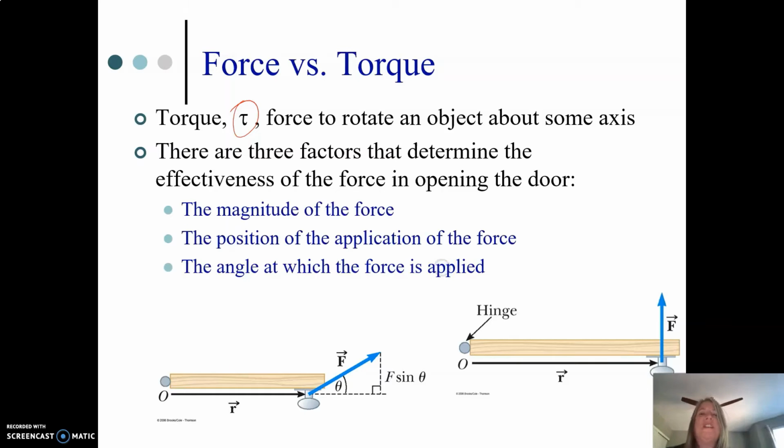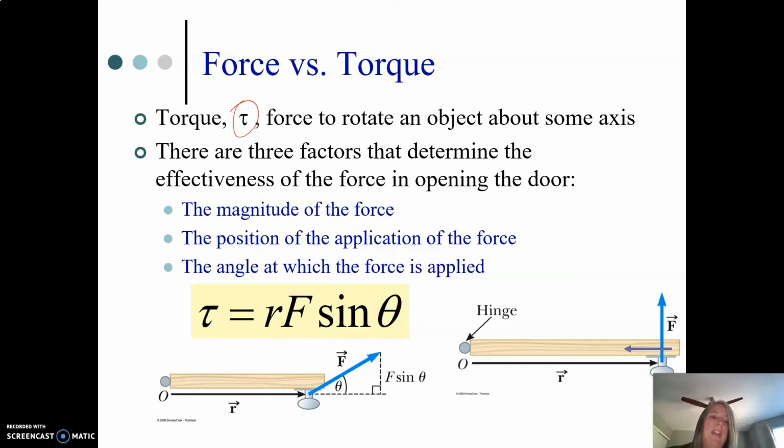Those three things were how hard I pushed the door, so the magnitude of the force, where I applied that force, and the angle at which the force is applied. So if I apply the force at the end, great torque. If I apply the force in the middle, not so much. And if I apply the force at an angle that is along the thing I'm trying to rotate, nothing happens.